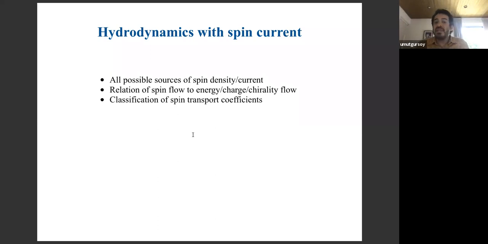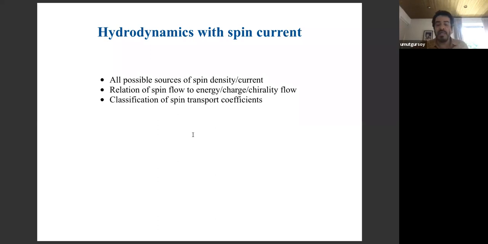This is not the only reason for constructing, in a systematic way, the hydrodynamics with spin transport. Also, the spin flow is going to be related, as usual, for example in chiral transport, to the transport of energy and momentum, charge flow and chiral flow. There will be some non-trivial transport coefficients that convert one of them to the other, and all of that should be explored.